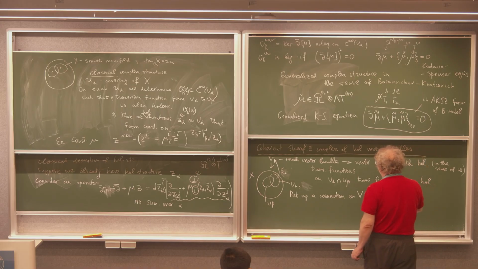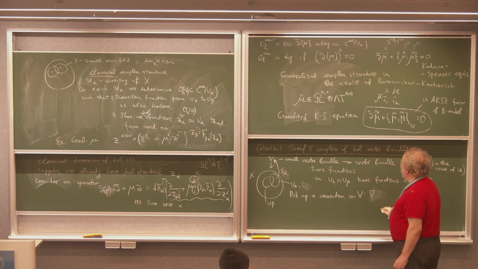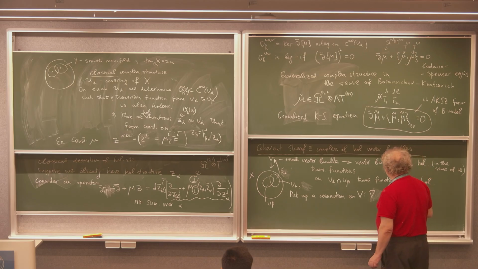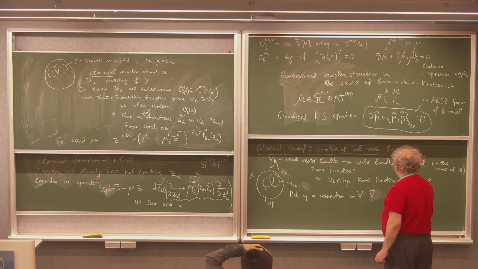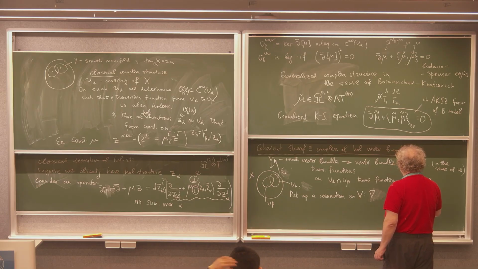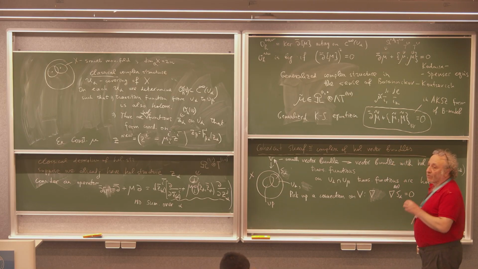Rigorously, I need to take, I call it nabla. And let me say that S alpha are such that nabla 0, 1 on S alpha equal to 0.